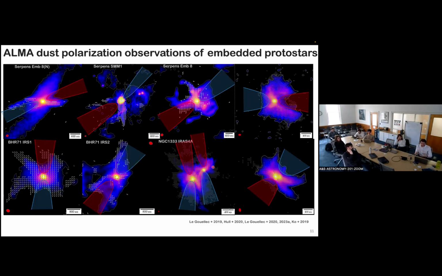But all of these observations target the same spatial scales, right? The beam is between 50 and 200 AU, which corresponds to the bulk of the mass of the Class 0 envelope, located in substructure.